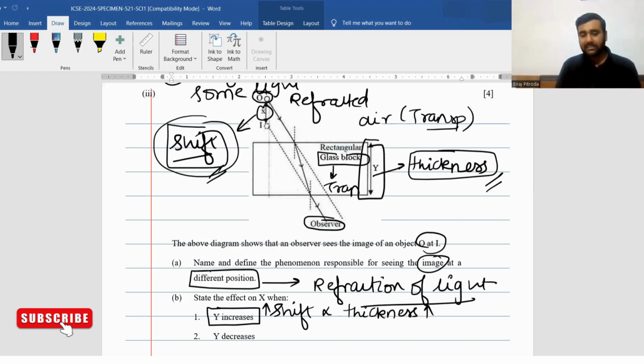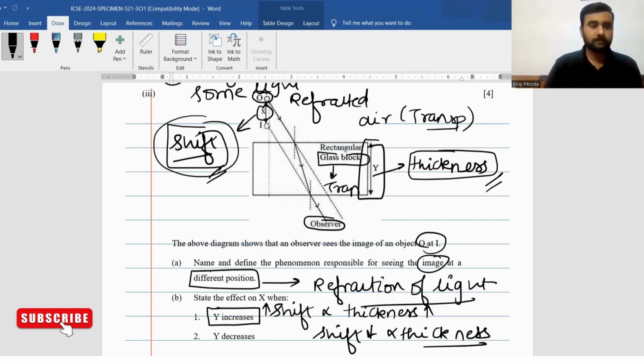Similarly, the second sub question is, what will happen to the shift if Y decreases? Can I simply say, students, shift will decrease because it is directly proportional to thickness. Is it simple for us to understand? So this was your complete question number 4, which is of 10 marks.